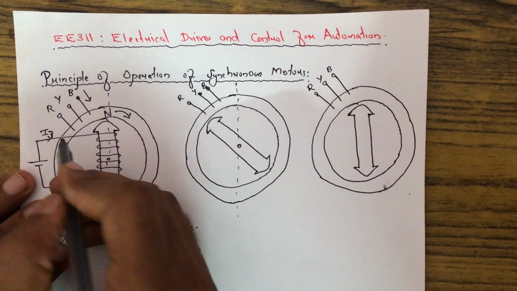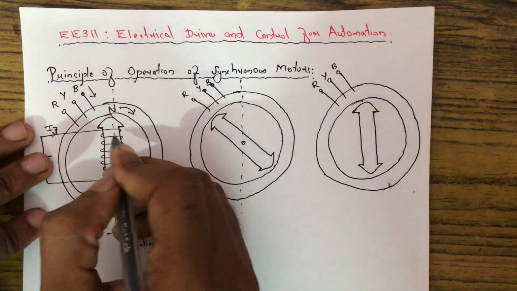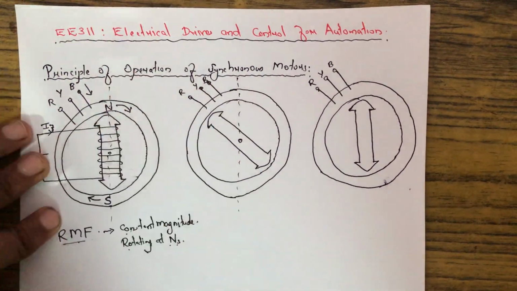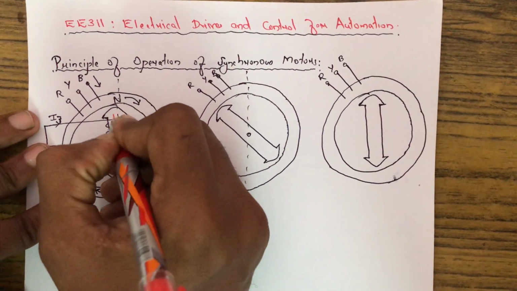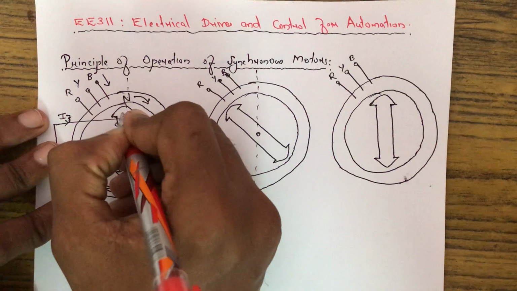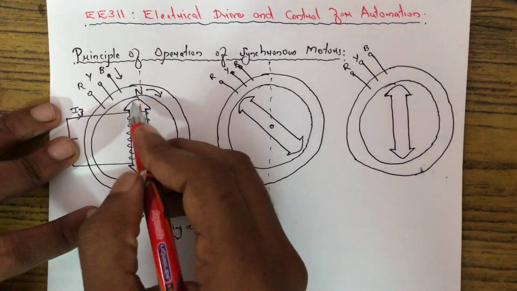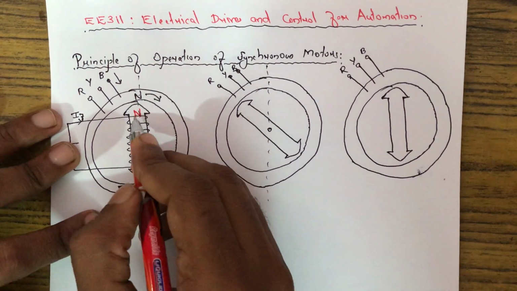And consider when we apply the DC voltage to the magnet field pole, then here also the poles will be excited, right? So here also the north pole will come and the south pole will come here. So if north pole and north pole come towards each other, then what will happen?